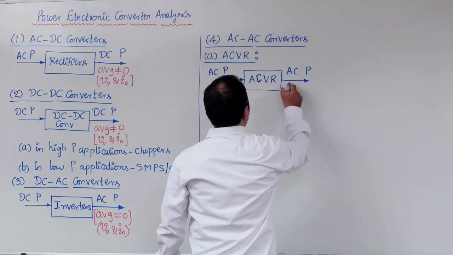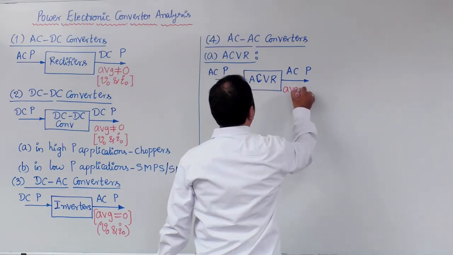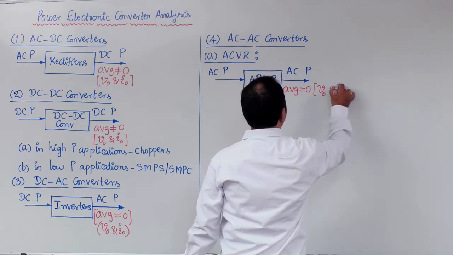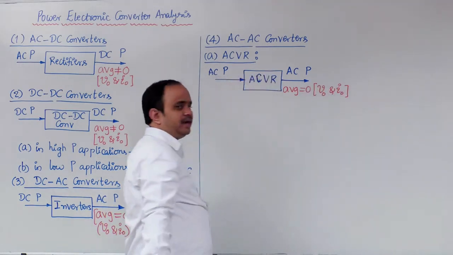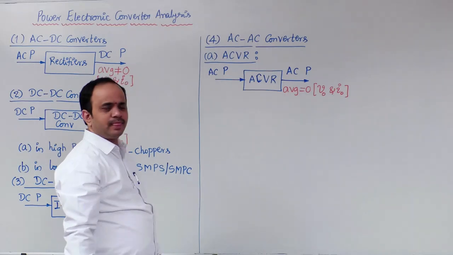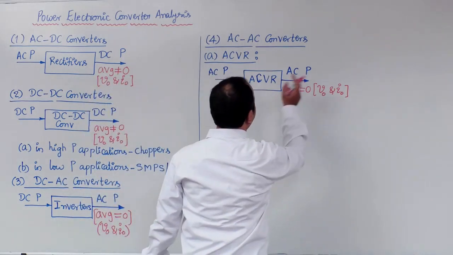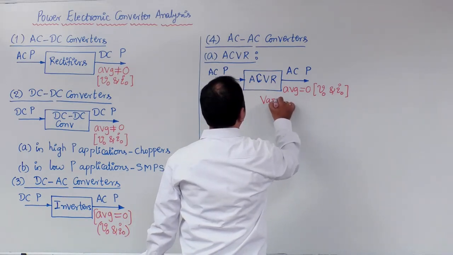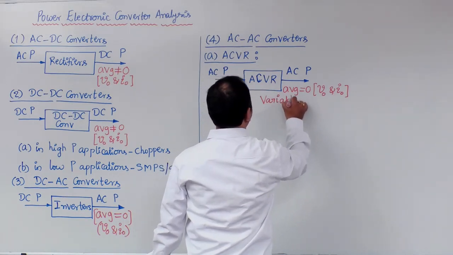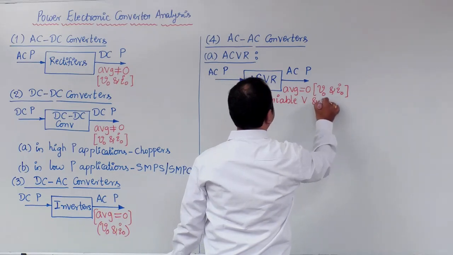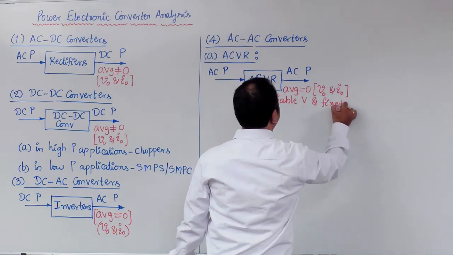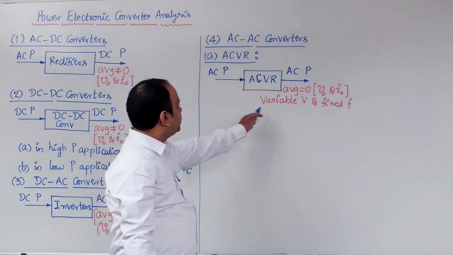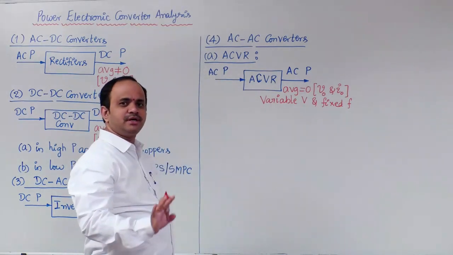As output is AC power, the average values of V naught and I naught will be 0. But what is the nature of the output? This circuit is used to produce variable voltage and fixed frequency. The output side has variable voltage, but the frequency is fixed.